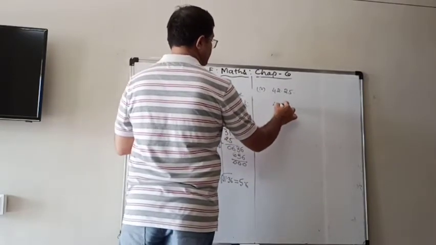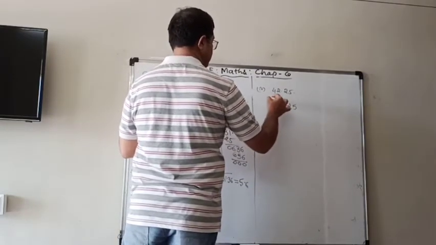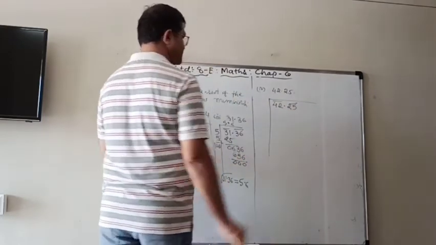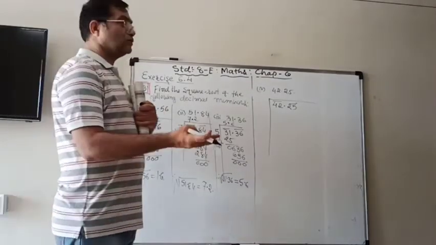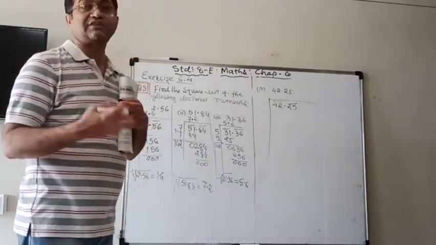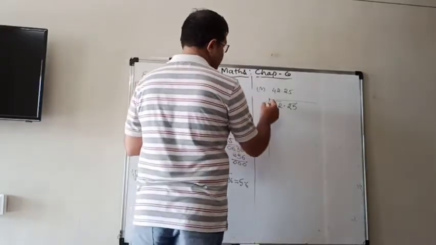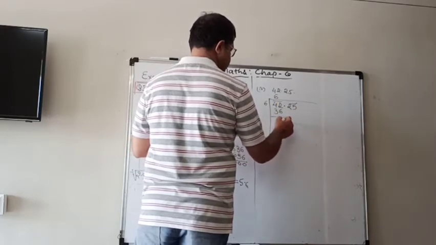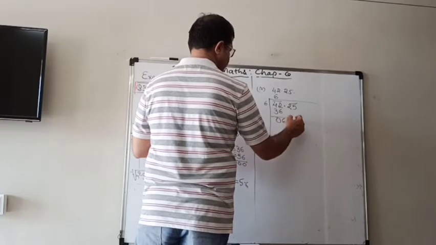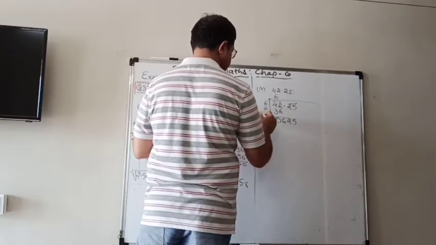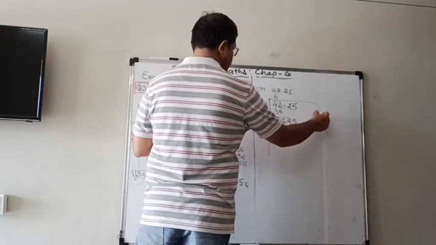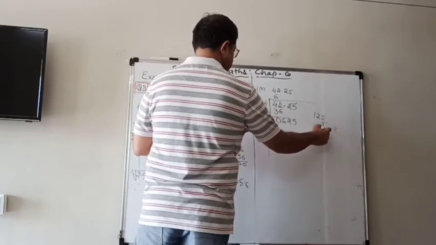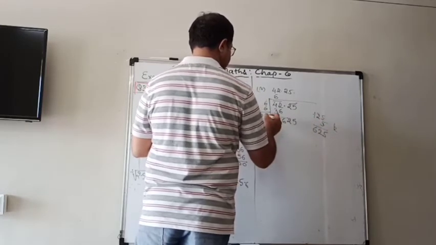So now 42.25. Two pairs here. Now 6 sixes are 36, 7 sevens are 49 will be more. So we can use 6 sixes are 36, 42 minus 36 is 6, 25 will be down, and 6 plus 6 is 12. 5 there, so we can use 5 fives are 25, 5 twos are 10 plus 2, 12, 5 and the 5 plus 1, 6.